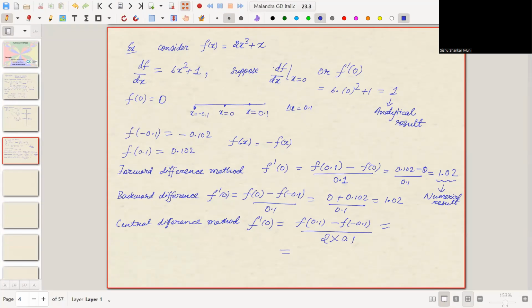So f of 0.1 is 0.102, minus f of minus 0.1, which is minus of minus, that is plus, divided by 2 times 0.1. I think it's the same.